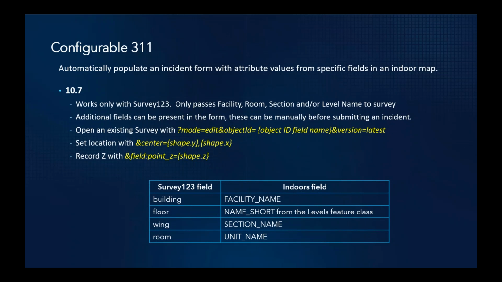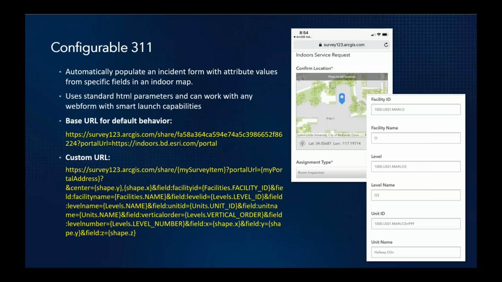You could add other things to the survey, like X, Y, and Z for post-processing purposes, but it's pretty straightforward. In subsequent releases, we've provided more capability using standard HTTP syntax. You can load whatever data you want from the indoor map from whatever layer into that web form. And here's just a screenshot showing how you might do that.